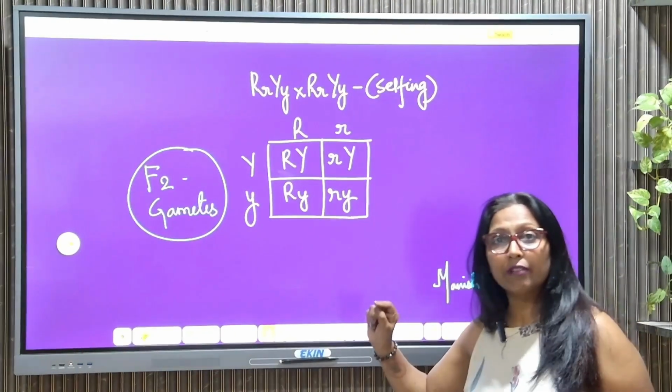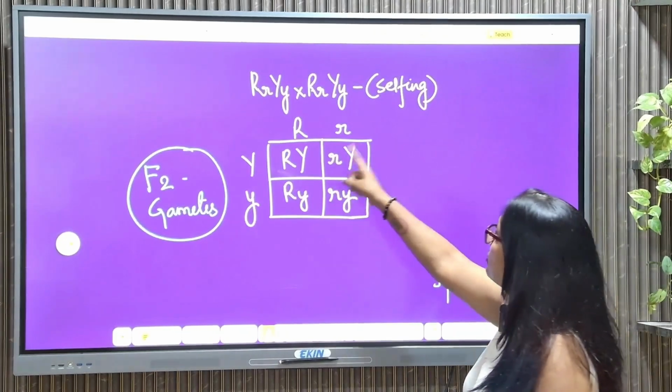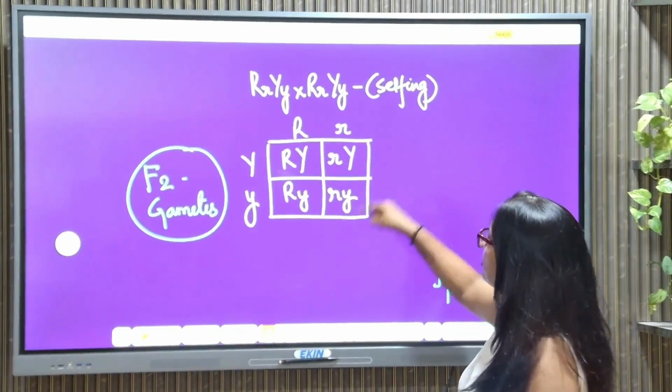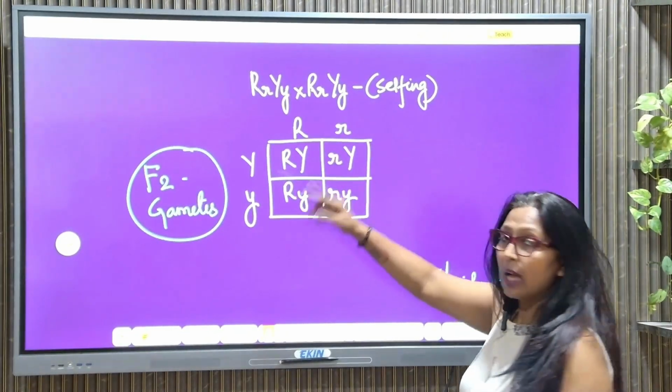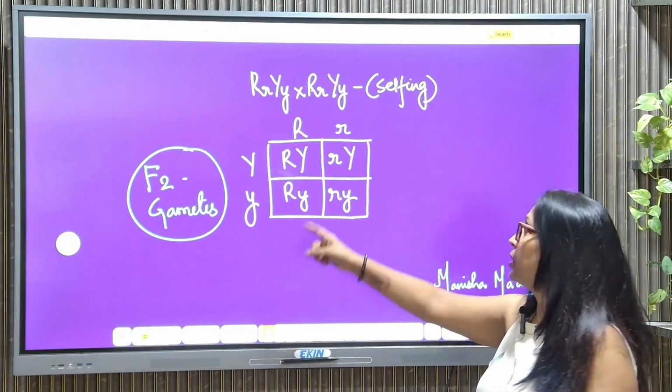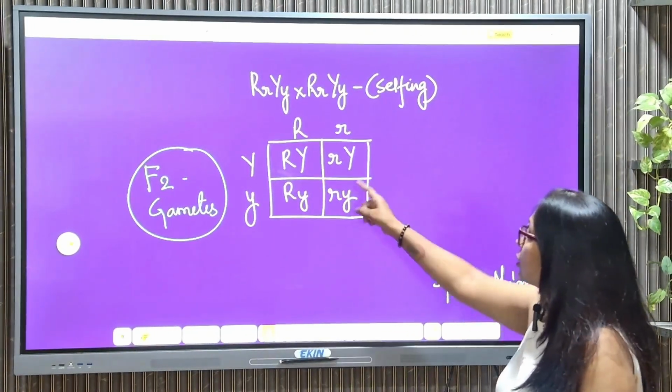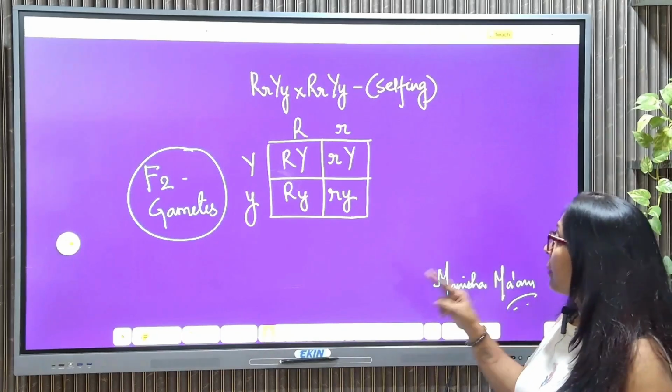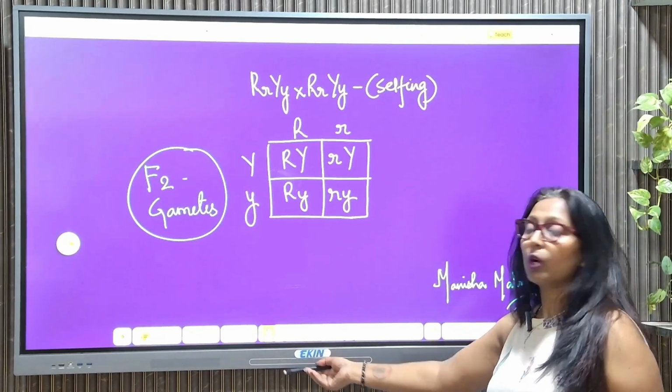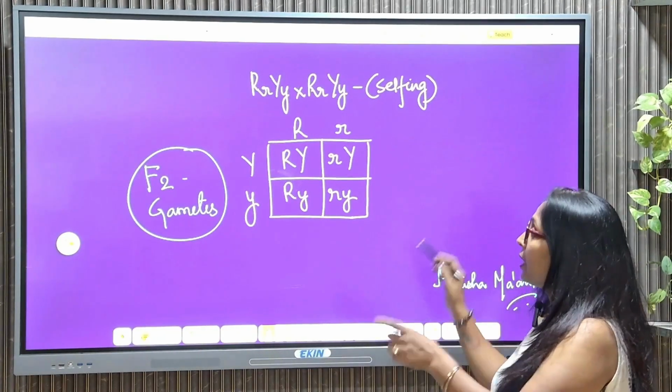How to find out the F2 gametes? We have to place the similar alleles to one side of the Punnett square, and then we get the gametes for the F2 generation to be capital R capital Y, small r capital Y, capital R small y, and small r small y. So these are our F2 gametes.